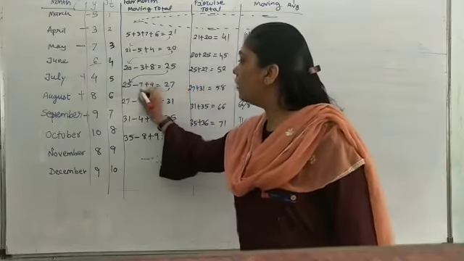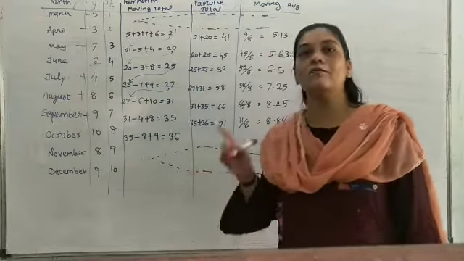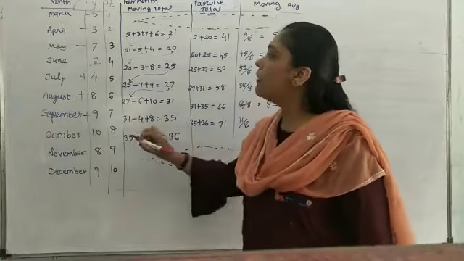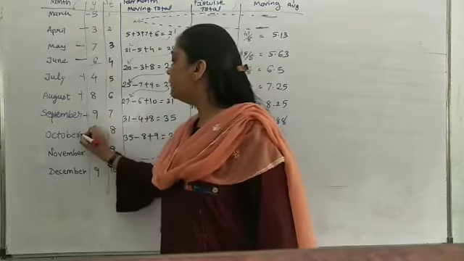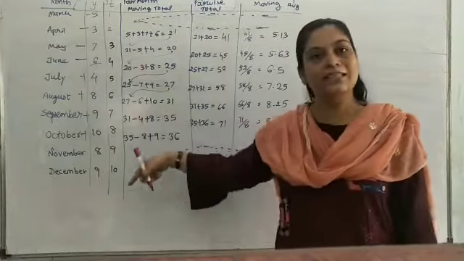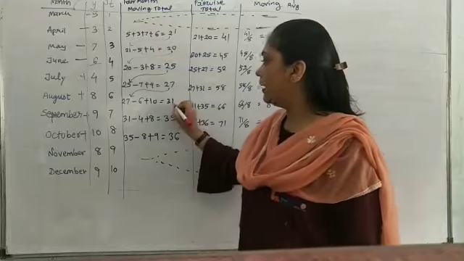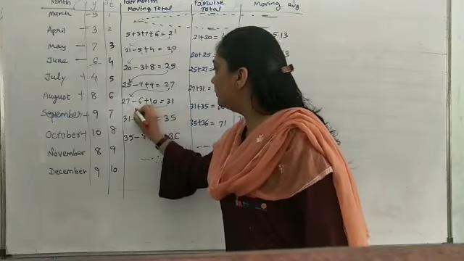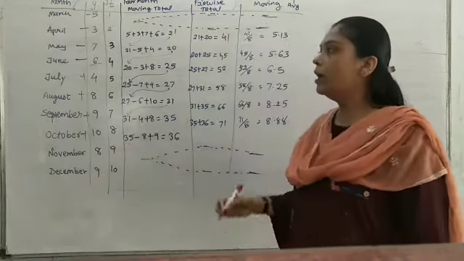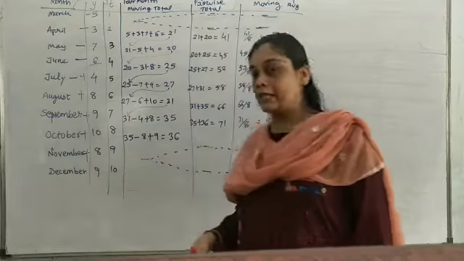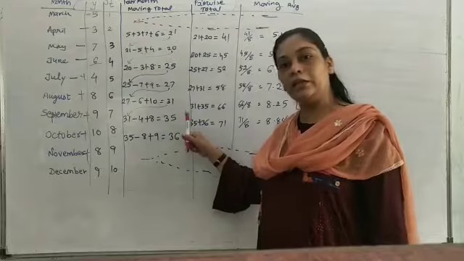Again come down, 27 in the middle of 6 and 7, 27 would come over here, minus 6 and plus 10, so you can do this sign this way with pencil or pen, doesn't matter. So answer will be 31. Again come down, 31 minus 4 and plus 8, so the answer would be 35.